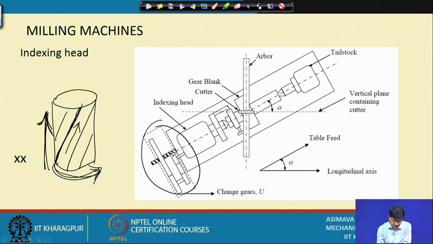So, lead screw, gearbox, then index plate, worm gear, blank. This way we are establishing a connection between rotation of the workpiece and the table movement. Unless these are connected, a definite relation between these two will not be there, and a constant angle helix will not be cut.